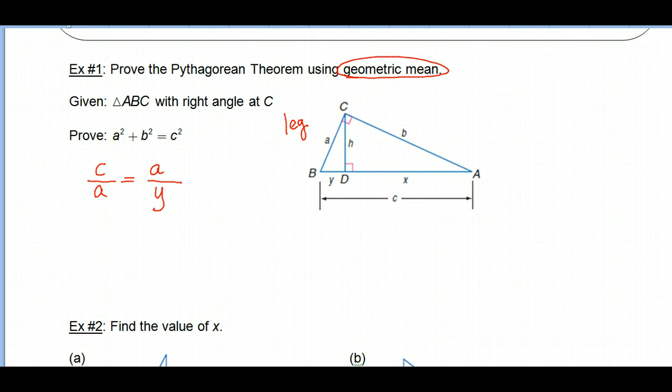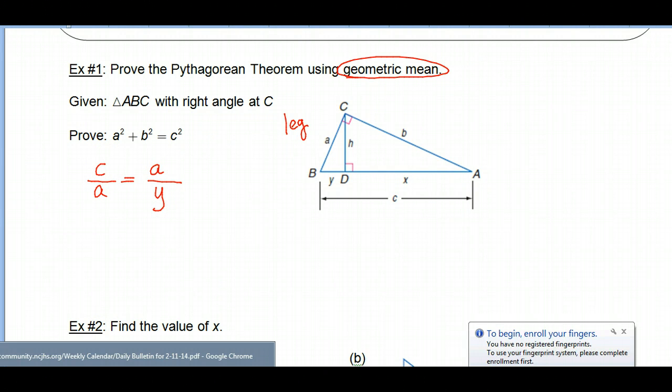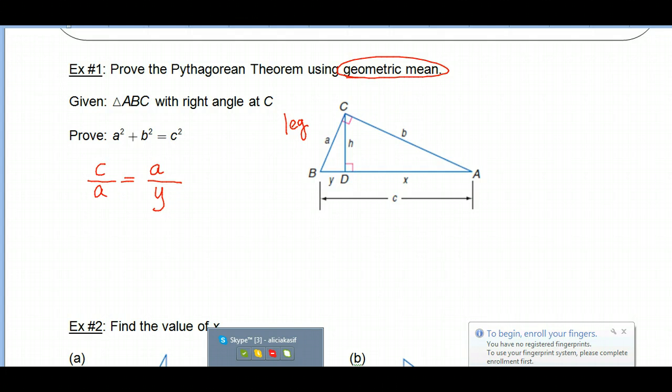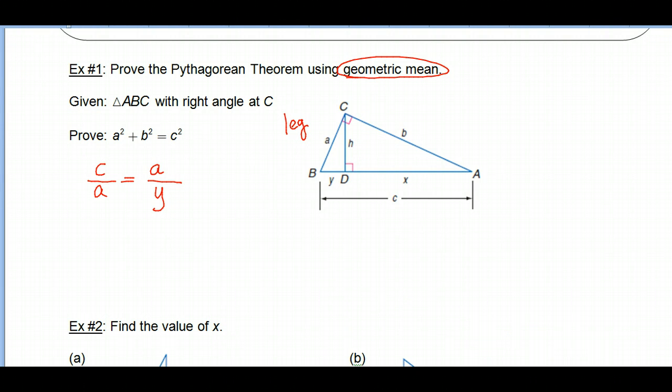We had two theorems. One regarding the altitude of the right triangle is the geometric mean between the two segments, so that would be x and y. And then we had one based on the leg: the leg of a right triangle is the geometric mean of the hypotenuse and the segment adjacent to that leg.